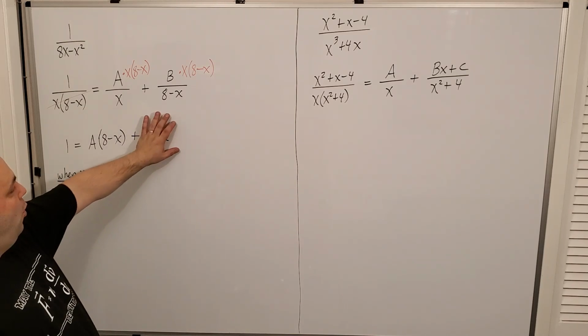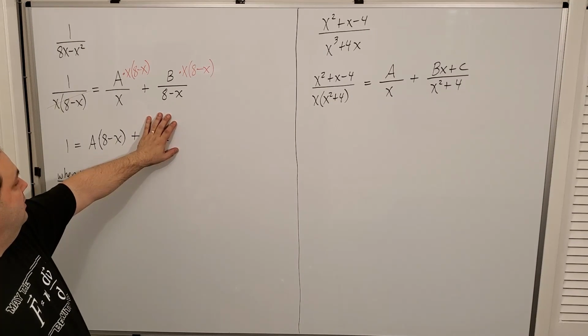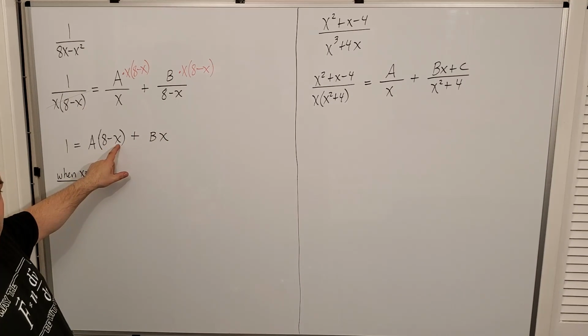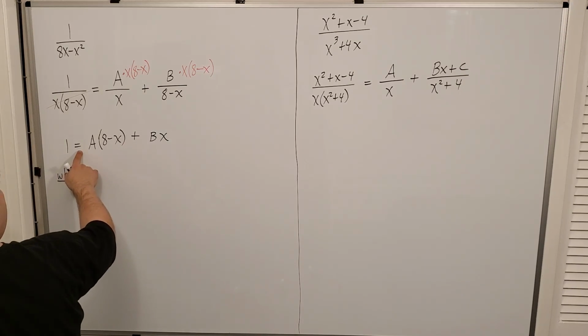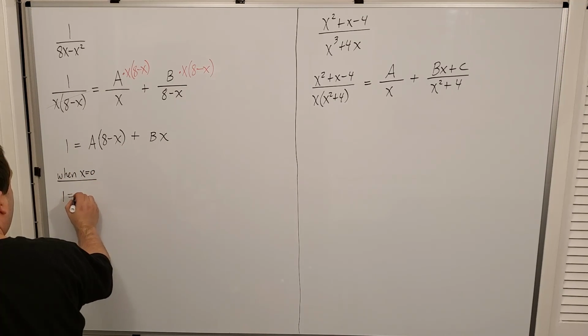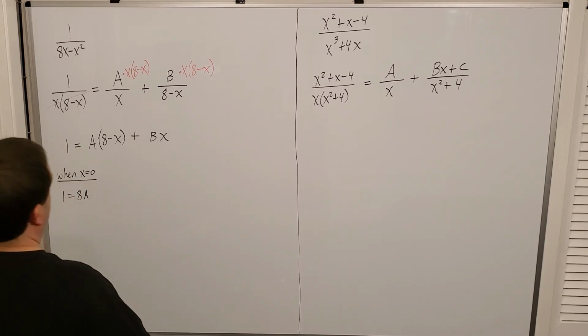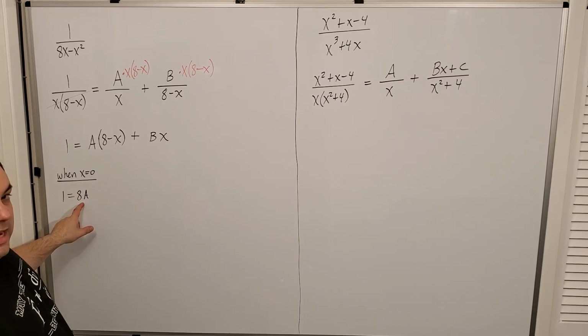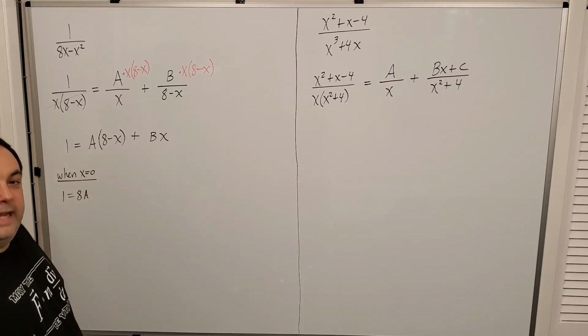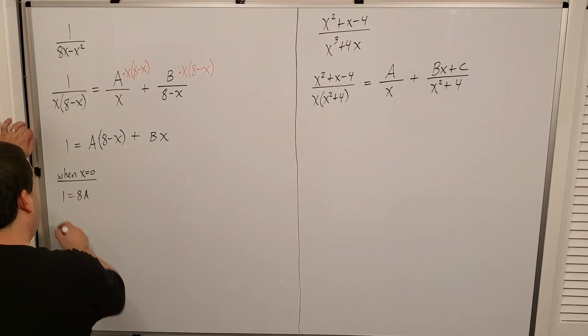I knew that it was going to wipe out one of my terms. And then 8 minus 0 is 8. So what I'm left with is 1 equals 8a. Right? Because 8 minus 0 is just 8 times a is just 8a. Well, I can solve for a now. A is 1 over 8.